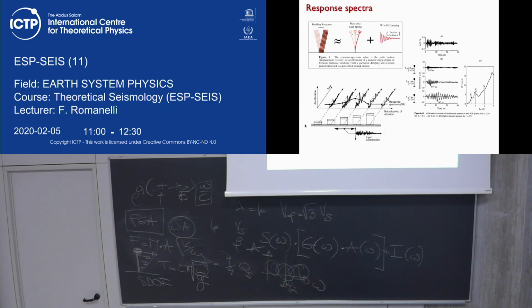Long, shorter, shorter, shorter, I can't get it shorter. At the end of the stair here will be no building. The maximum of no building will be PGA. And in principle, PGD will be on infinite period on this plot here. But let's forget about that.